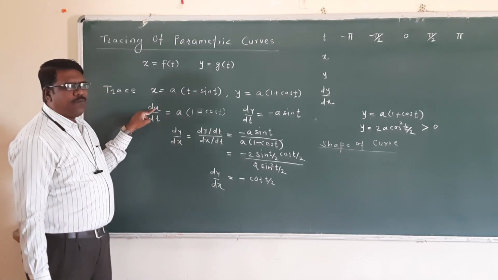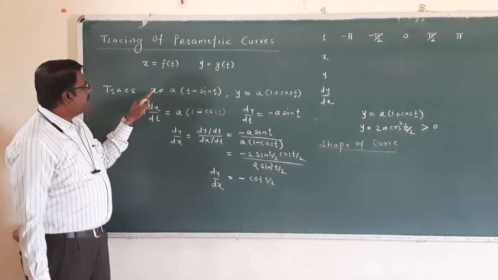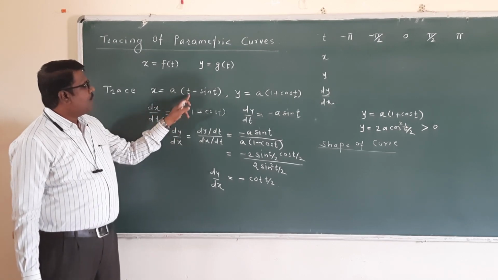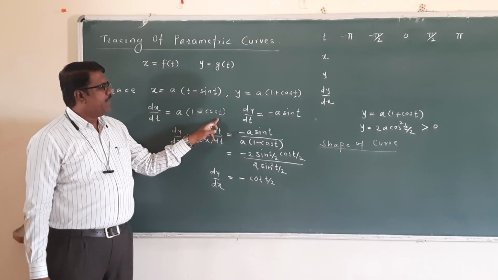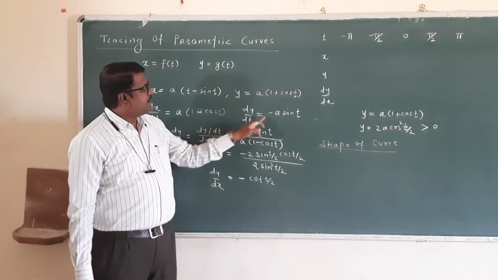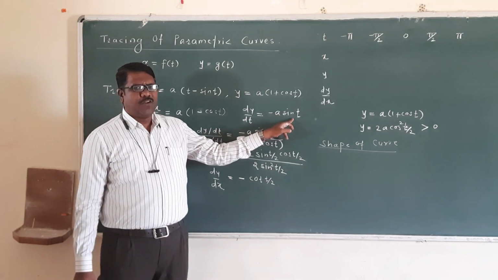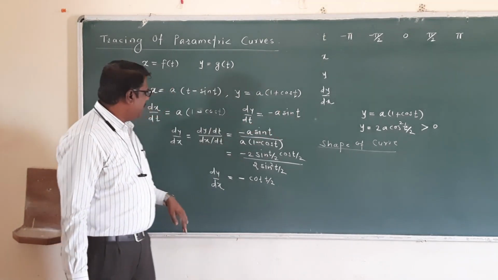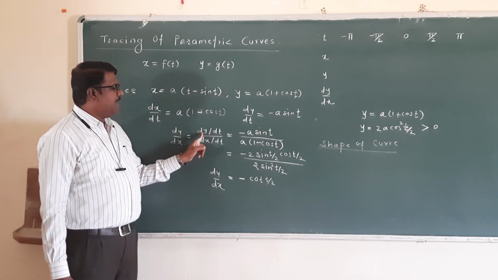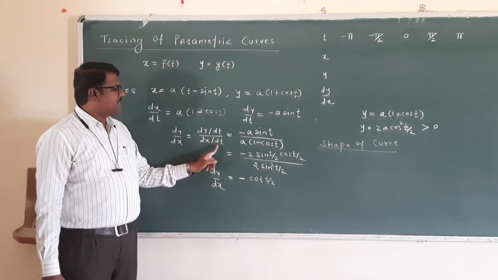We will first calculate dx by dt, so differentiate x with respect to t. We will get a into 1 minus cos t. Again differentiate y with respect to t, and we will get dy by dt as minus a sin t. We have already seen this in the previous example. Similarly, we calculate dy by dx as dy by dt upon dx by dt.